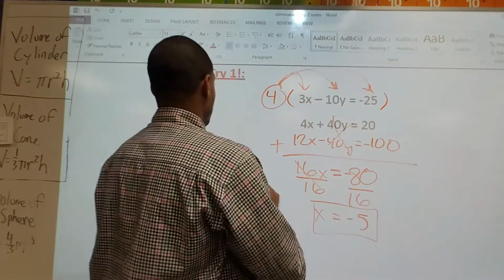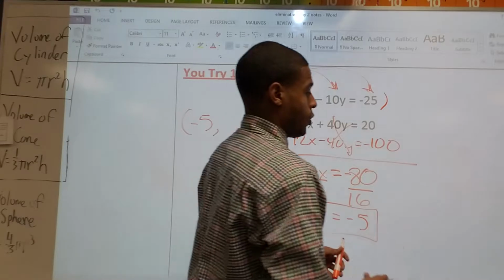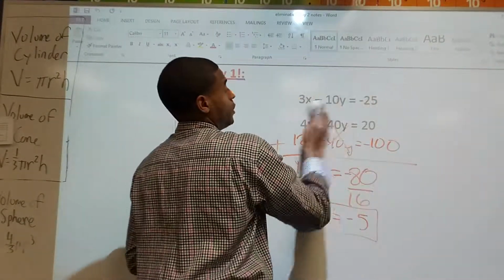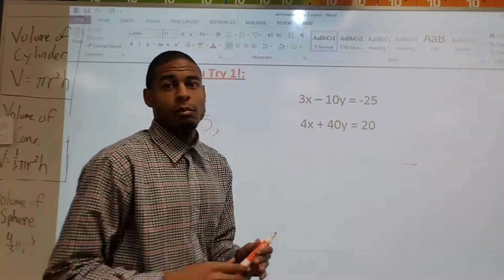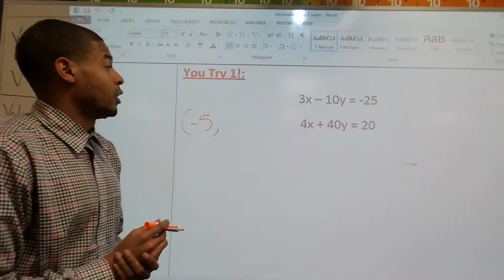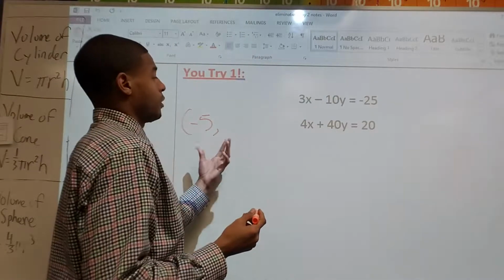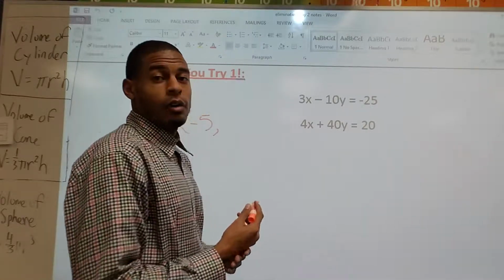So we have one part of our ordered pair. Now I'm going to use negative 5 to find my y value. I'm going to plug in, or substitute, negative 5 in for x.